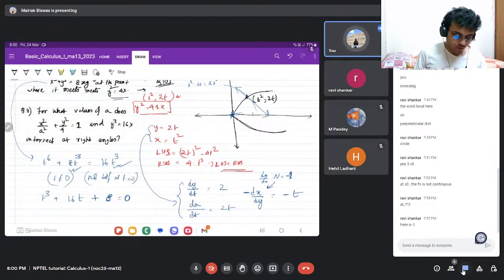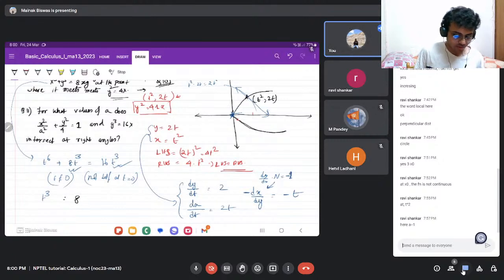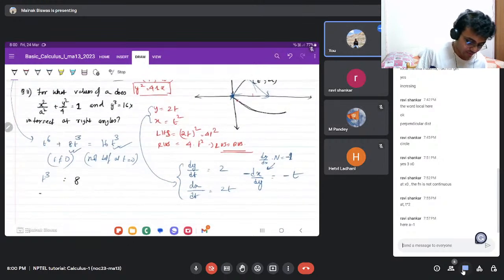So for what values of t do I write this? Sir, it's t cube. It's t cube, na? 16 t cube. Sorry, I made a wrong calculation. Even if t is not equal to 0, t to the power 3 is equal to 8, right? So t is 2, right?